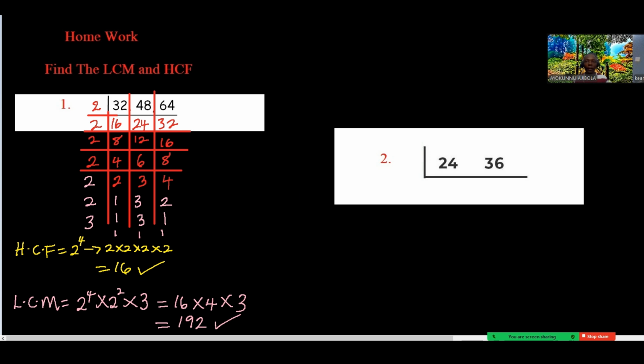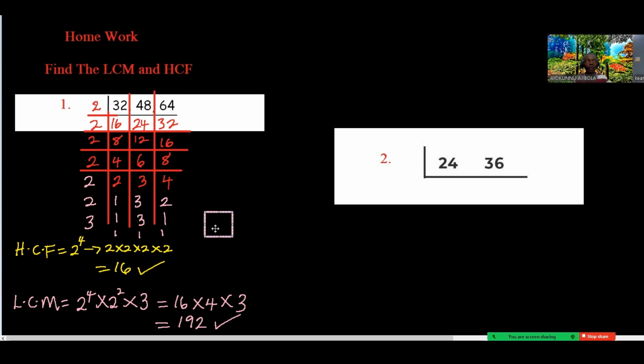Now, the implication of this is that this highest common factor is the biggest number that can divide these three numbers.